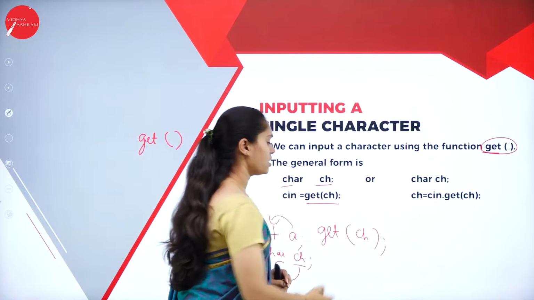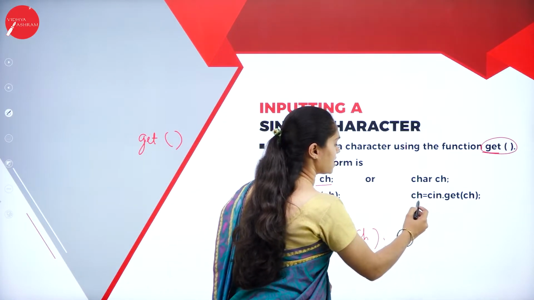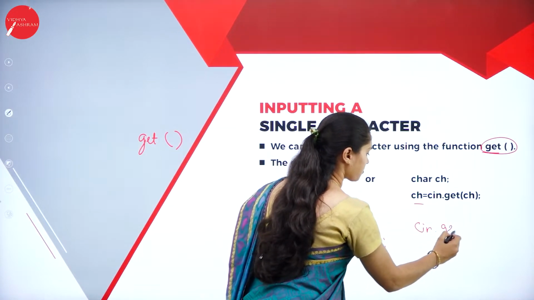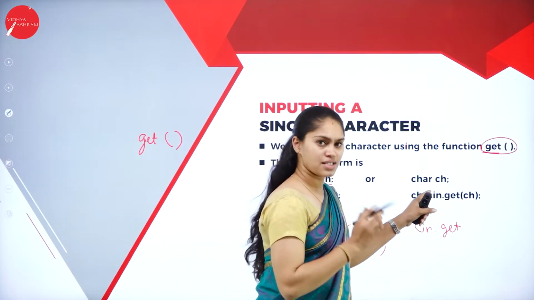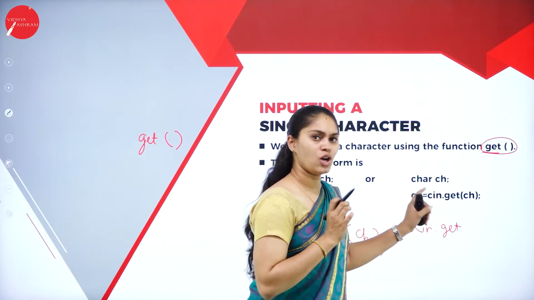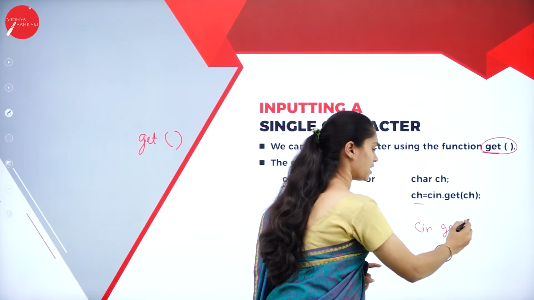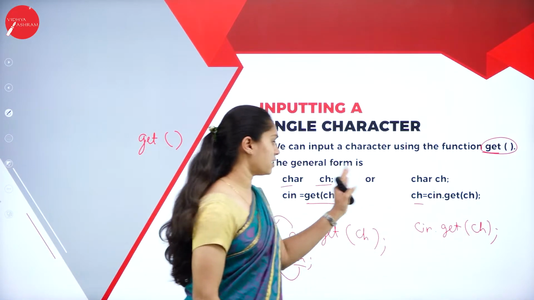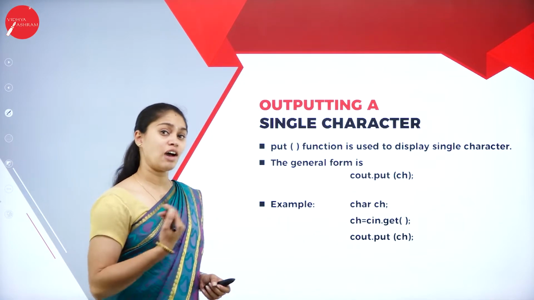At last, put a semicolon. We also have another way: char ch; ch = cin.get(). So we are accessing the functions. cin is an object name, cin.get(ch); get is a function and ch is an argument. This is another way. After inputting and doing some processing, we have to output.